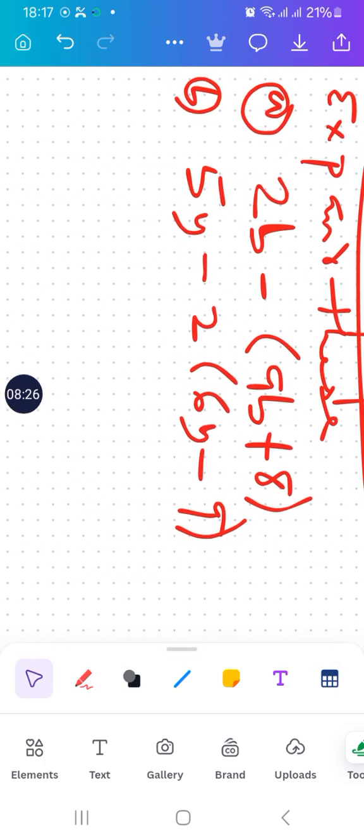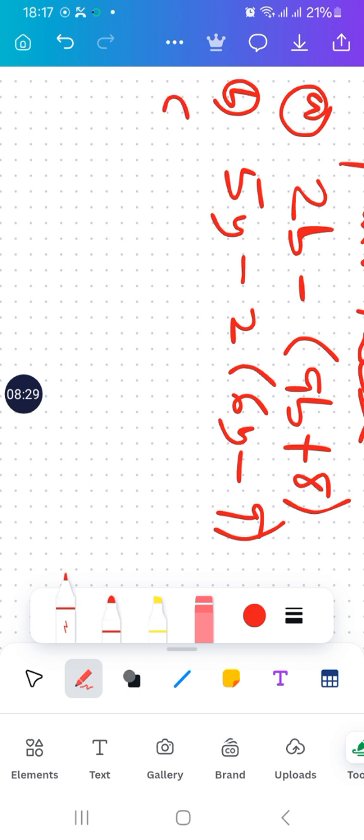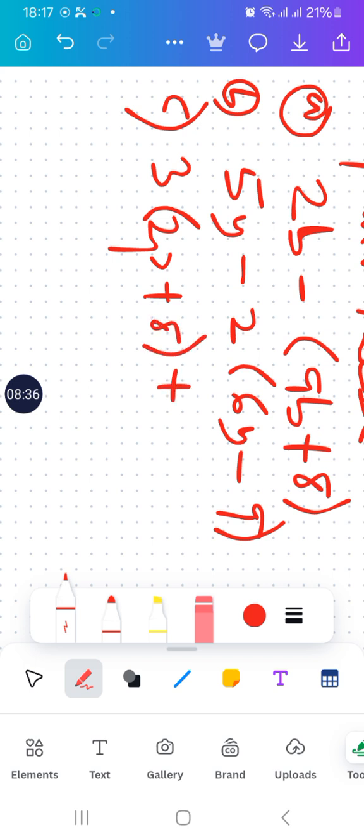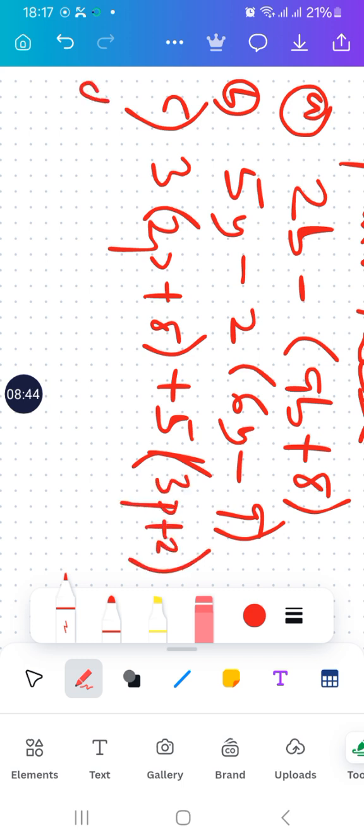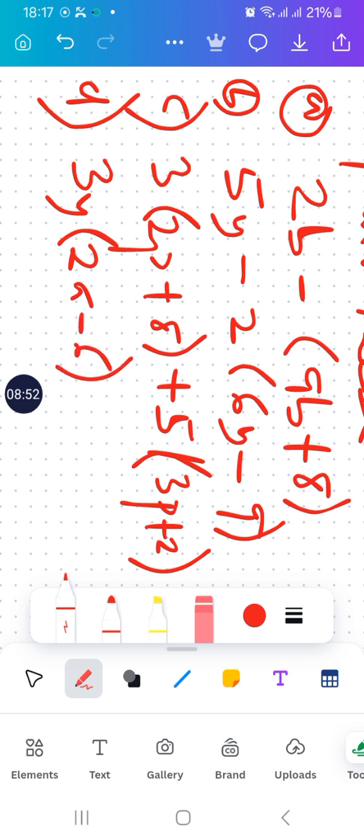Then number C, 3 into bracket 2p plus 8 plus 5 into bracket 3p plus 2. Let us expand that. And the next one, 3y into bracket 2a minus 6 plus 4y into bracket 2a minus 2. Let us expand that.